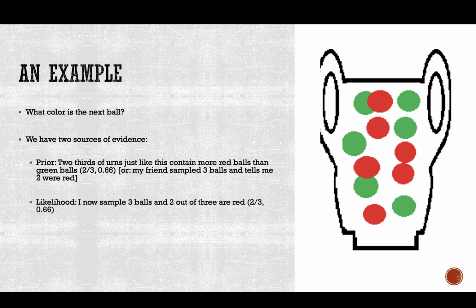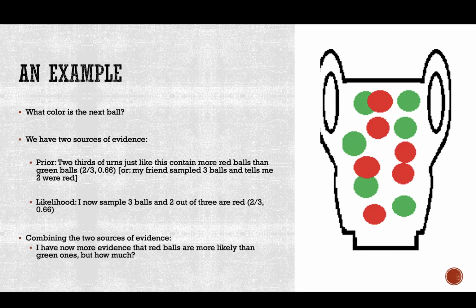Then we have the likelihood, right? What we do is we put our hand in the urn, we extract 3 marbles, and 2 out of 3 are red. So we can combine the two sources of evidence in order to not ignore what Ingve has said, or what the factory has put in, and our experience of the world.